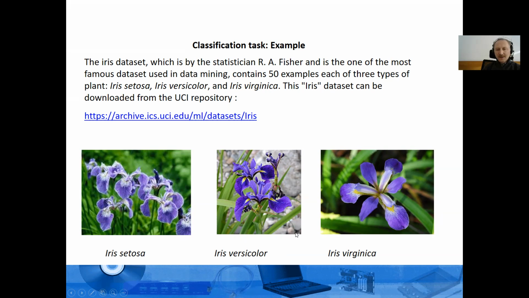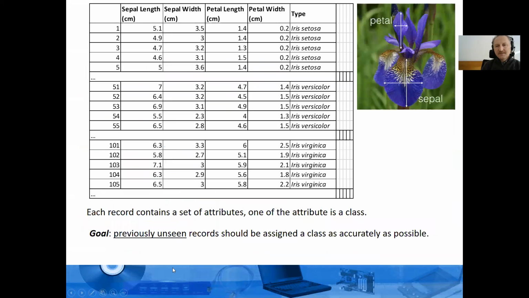To solve this task, you can use a data mining algorithm such as the decision tree algorithm, and then we will try to predict the type of the flower. If you are an expert, for example, if you have a flower shop or you are a botanist, when you look at the image or photograph of that flower, you can tell whether this is Iris setosa, Iris versicolor, or Iris virginica. You can tell if you are an expert.